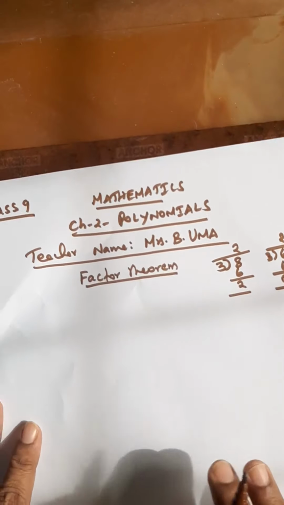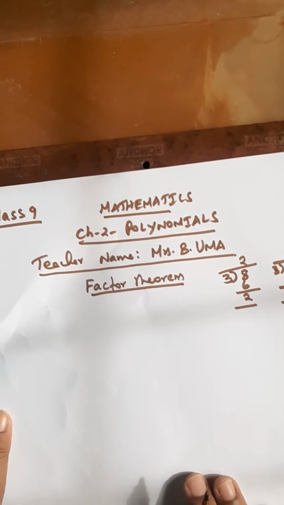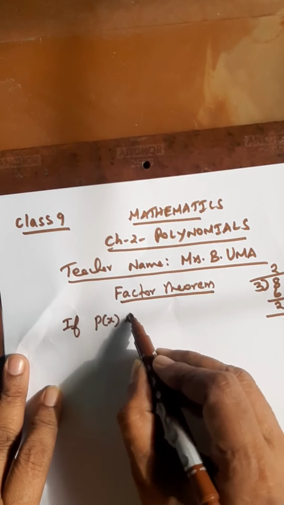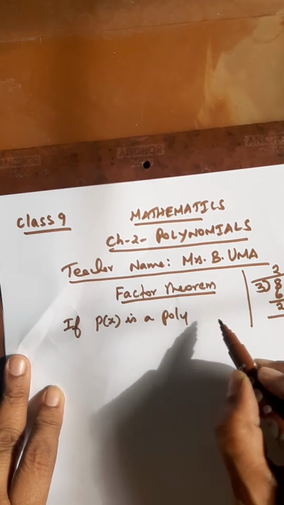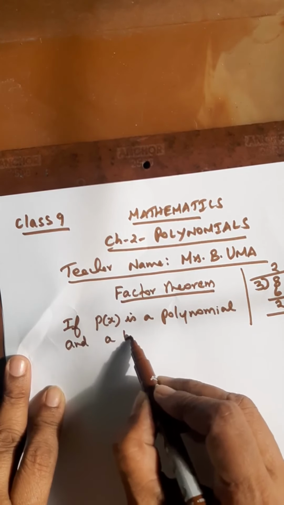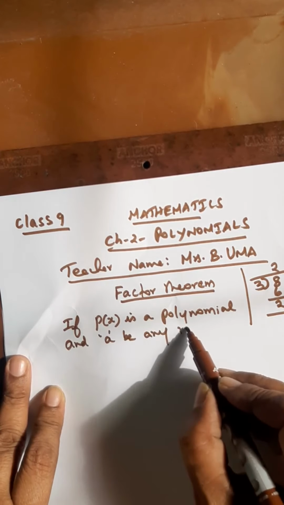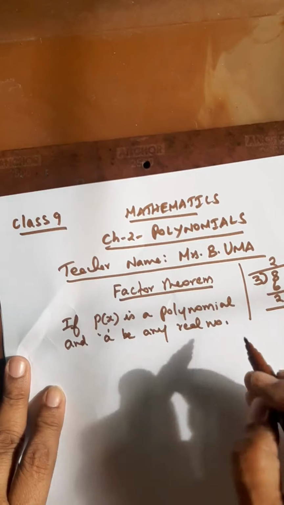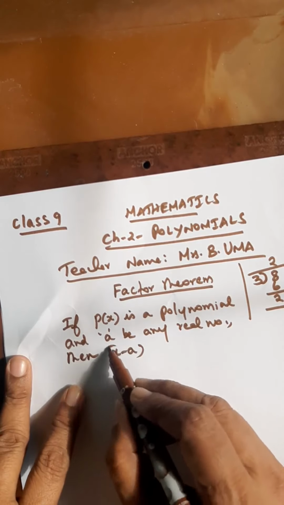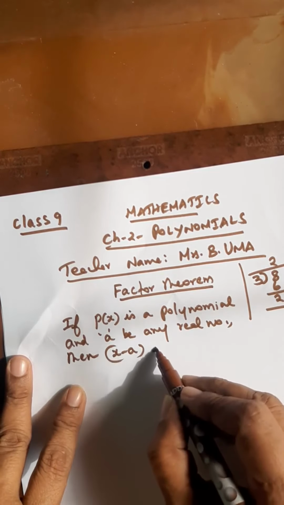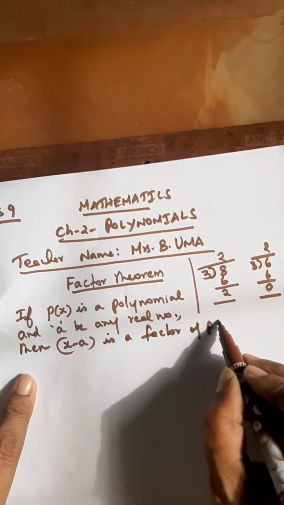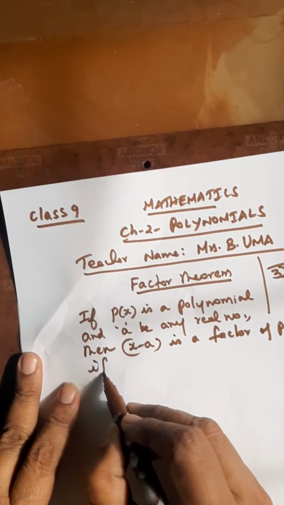Now, let us see what the factor theorem says. If P of x is a polynomial and a is any real number, meaning both rational, irrational, any real number, then x minus a, a linear polynomial of degree 1, is a factor of P of x if and only if P of a equal to 0.